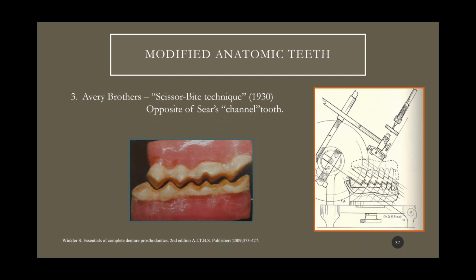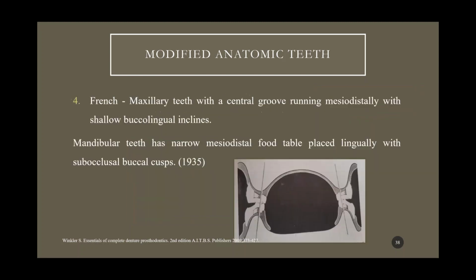Then in 1930, the Avery brothers designed the scissor bite teeth. In this design, the posterior occlusal surfaces were ground like steps, with the angle determined by the condylar guidance. There was freedom in lateral excursion in these teeth. Then in 1935, French introduced modified posteriors.